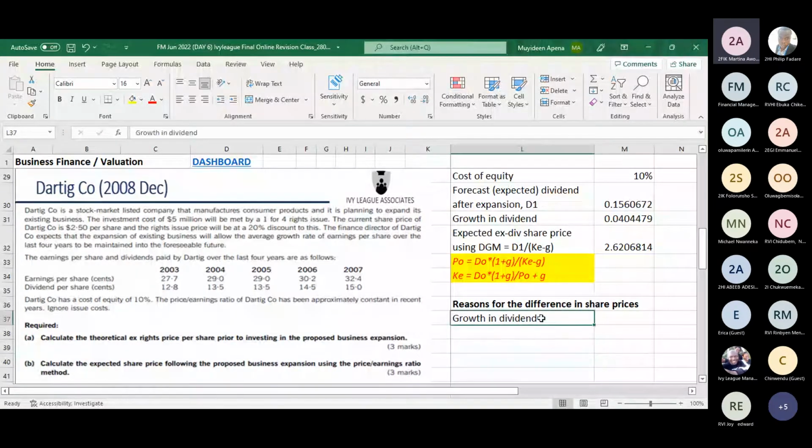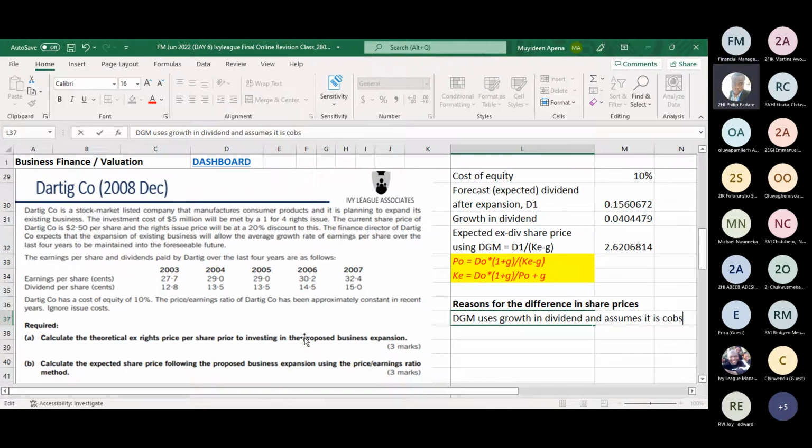That's what led to the increase in the share price to 2.6. Okay, so you say DGM uses growth in dividend and assumes it is constant, isn't it? Yes, sir. That's the basis we have worked.